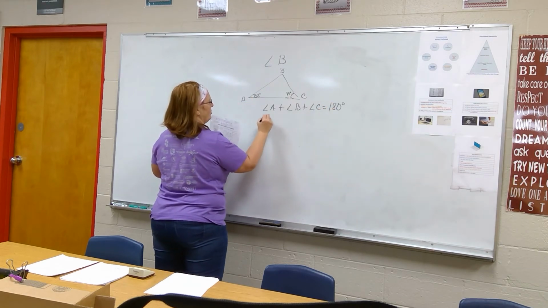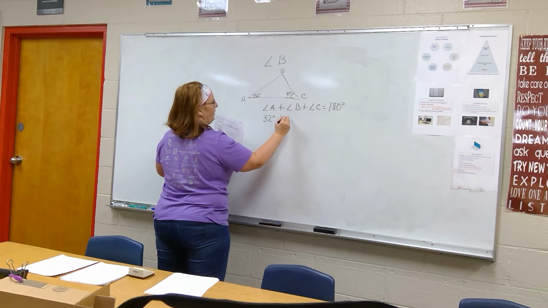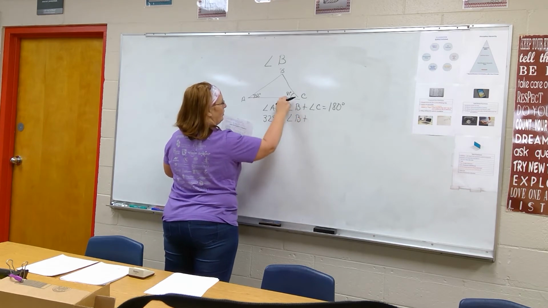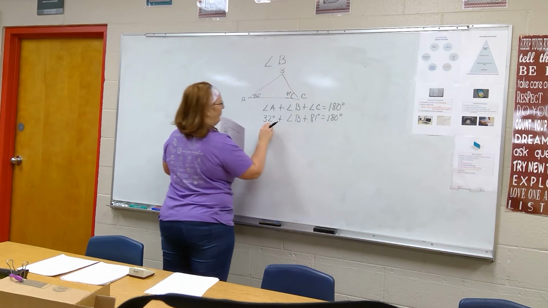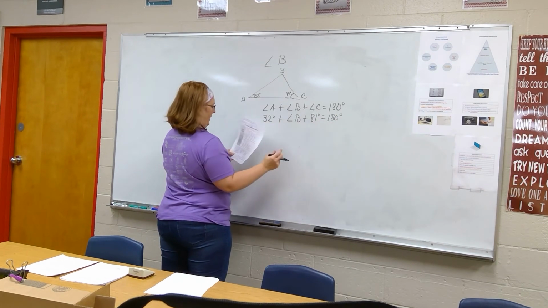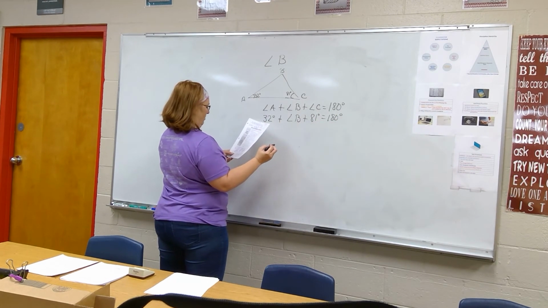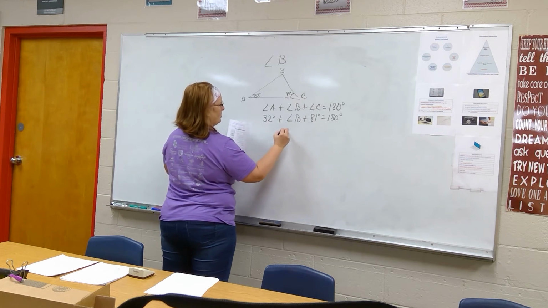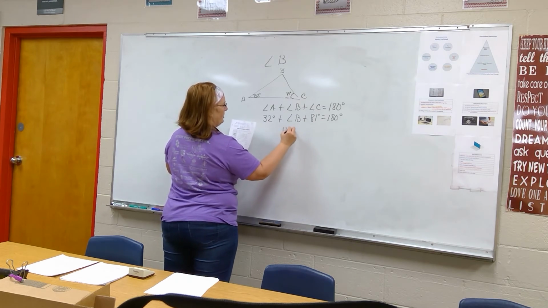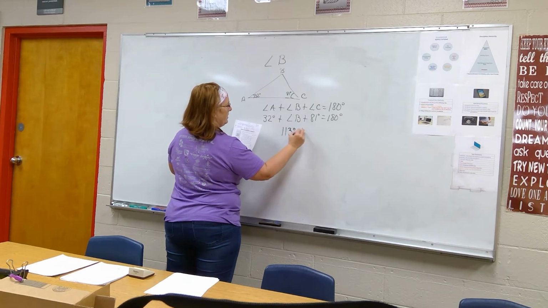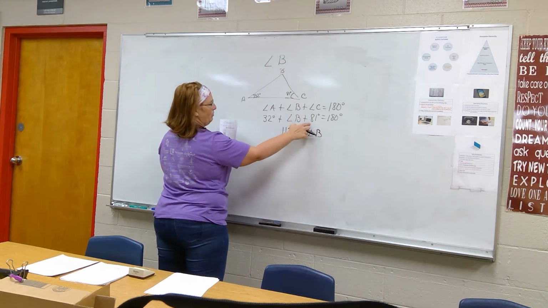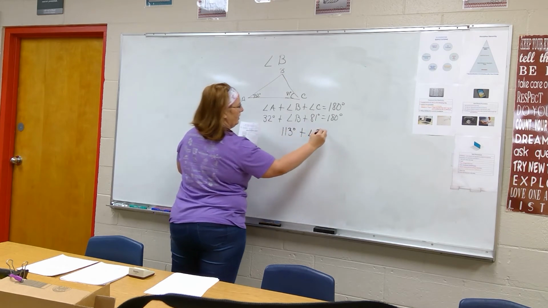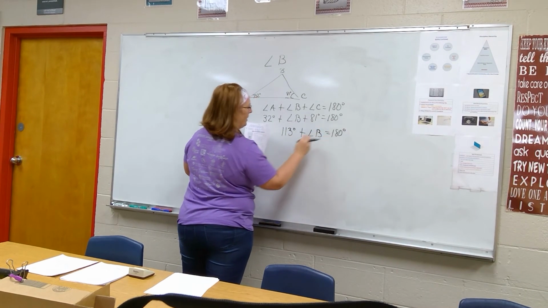Angle A was 32 degrees. We don't know angle B. We know angle C was 81 degrees. If we take 32 plus 81, that's going to equal 113. So we've got 113 degrees plus angle B. So I added 32 plus 81 to give me 113 equals 180 degrees.